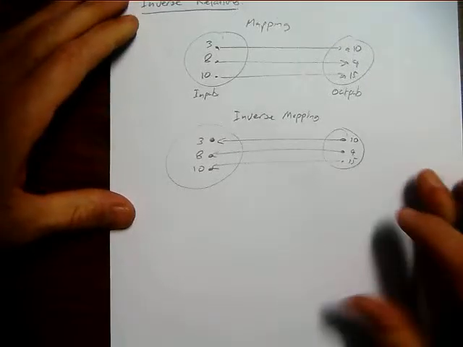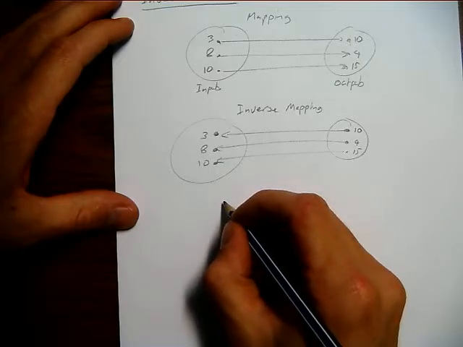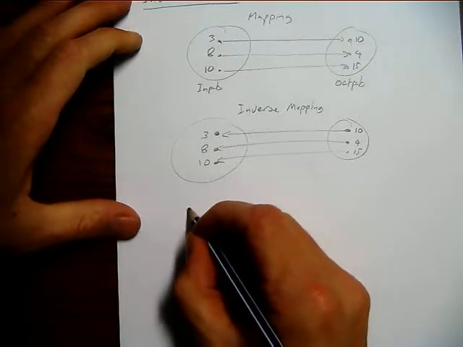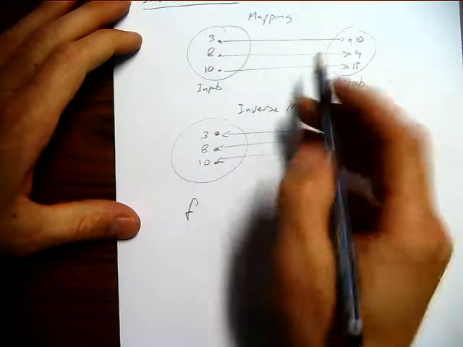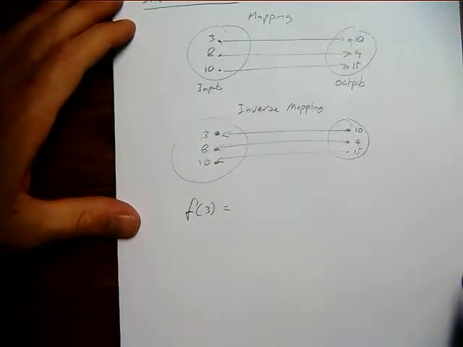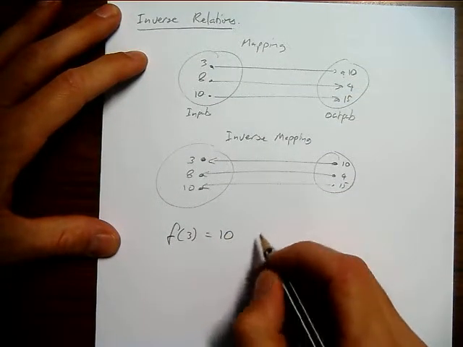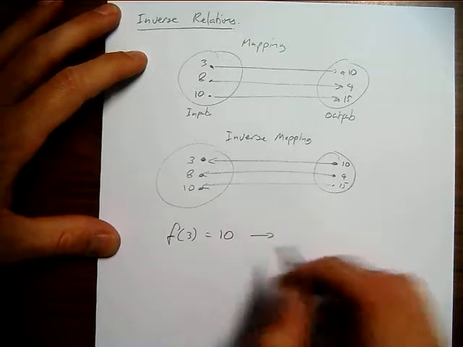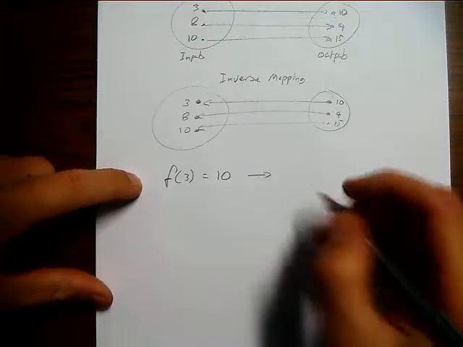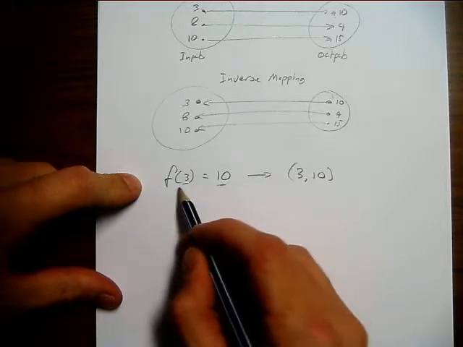Let's talk about functions again. If you had a function that you wanted to find the inverse of, in this case, f of 3, what does f of 3 equal? 10. So this maps from a 3 to a 10. If we were to graph this, what would the point be? 3, 10, because this is our x value and our y value.